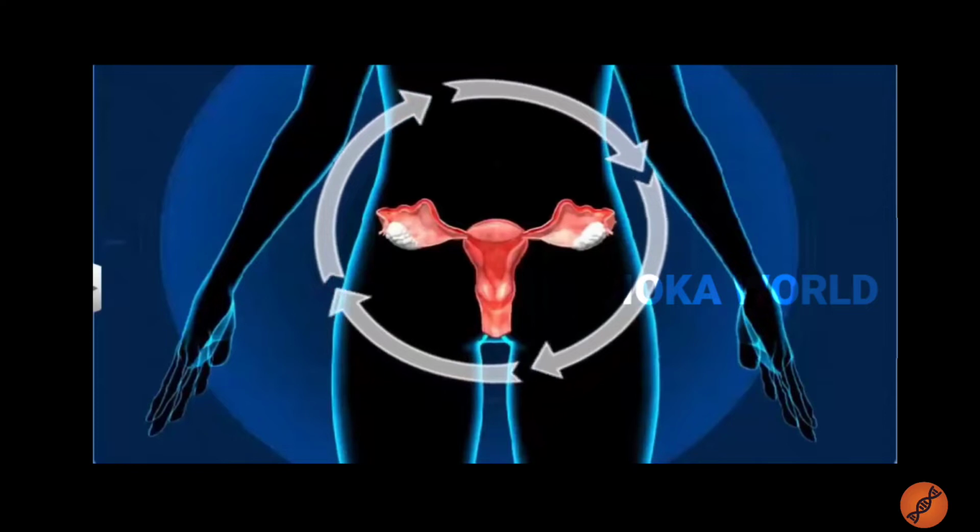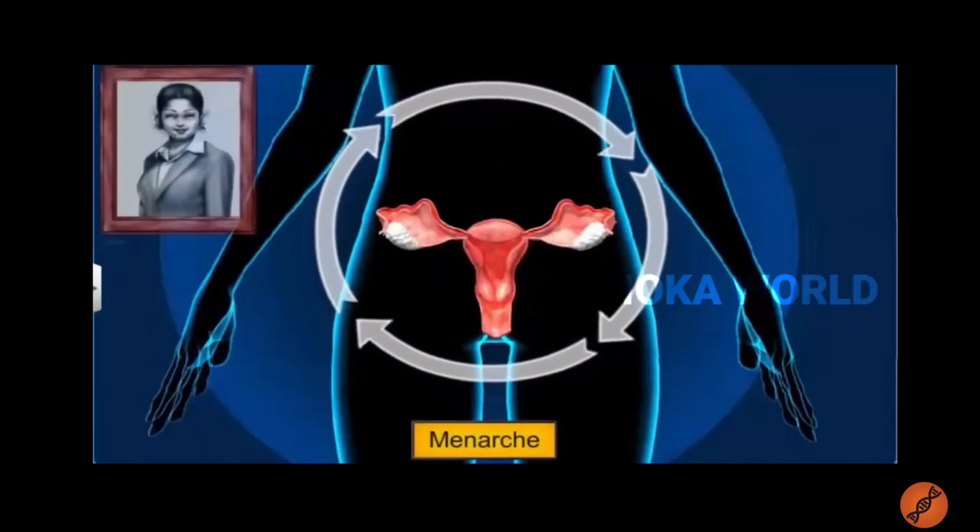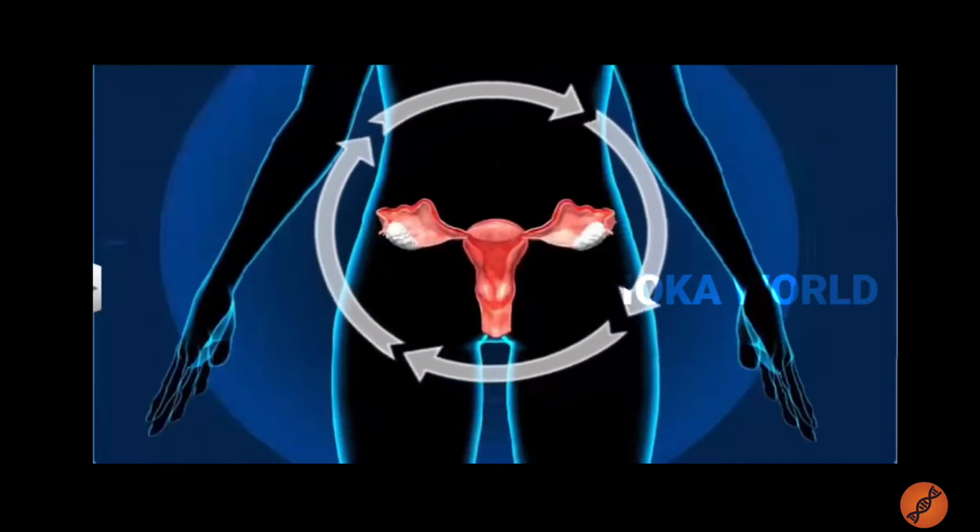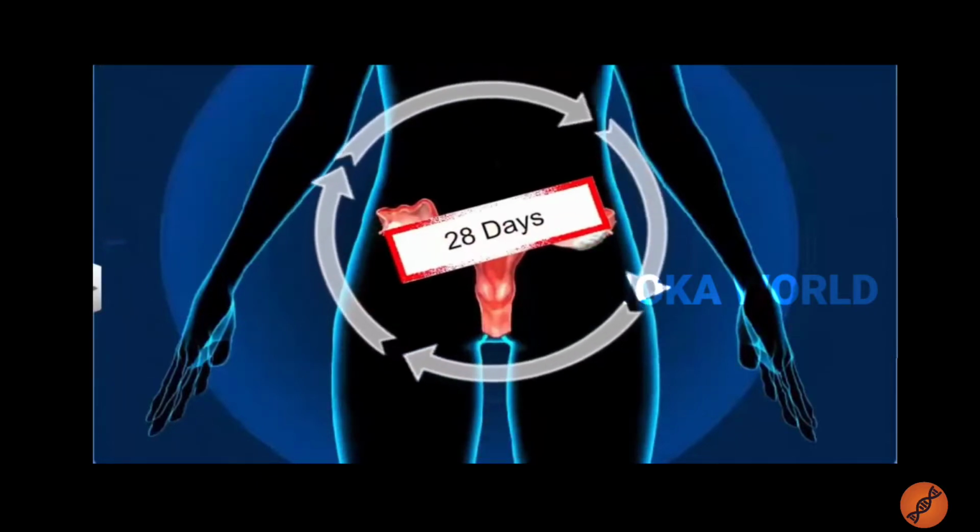Incidentally, the woman experiences her first menstrual cycle, called menarche, at the onset of puberty, usually between the ages of 9 and 12, occurring approximately every 28 days.